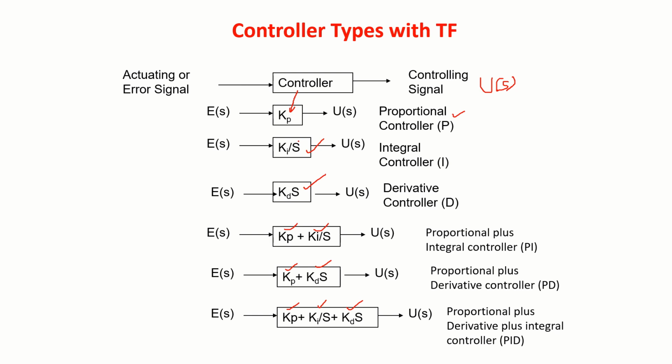You can simply say it will introduce a pole at origin. It will introduce a zero at origin. In this case, there will be a finite pole. There will be a finite zero. This will be a quadratic equation, right? There will be two zeros like this. If I take LCM, it will become Kps plus Ki plus Kds square divided by S. So in the numerator, we'll get a quadratic equation.